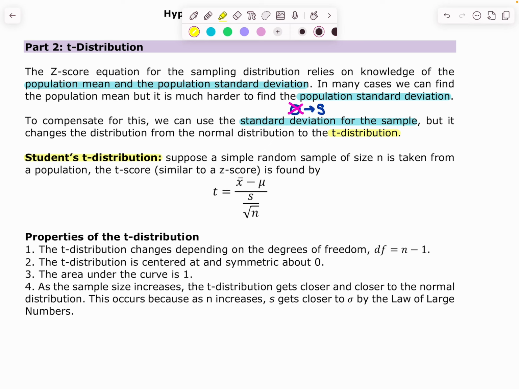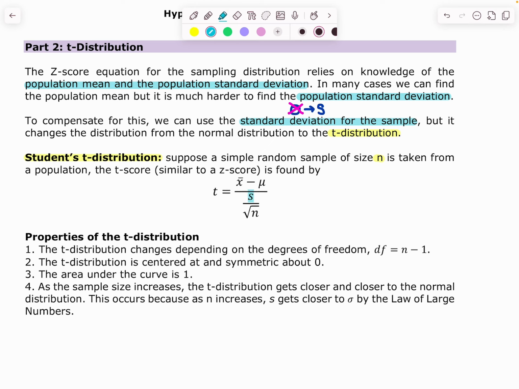states the following. Suppose a simple random sample of size n is taken from a population. This t-score, which is interpreted very similarly to a z-score, it tells you the distance away from the mean in terms of standard deviations, is found by calculating t equals x bar minus mu divided by s over the square root of n.